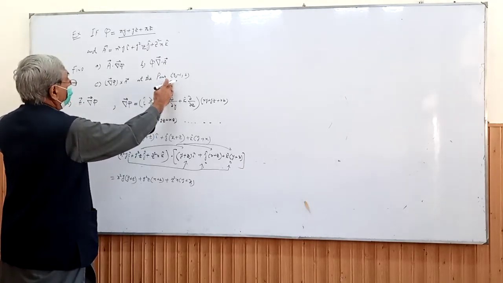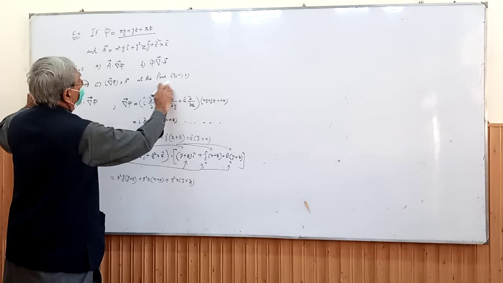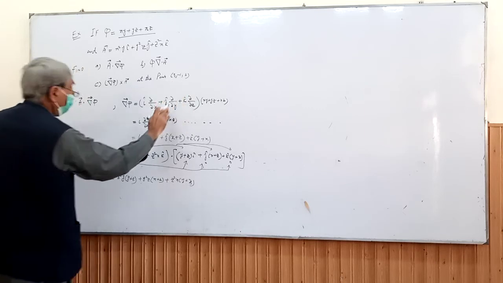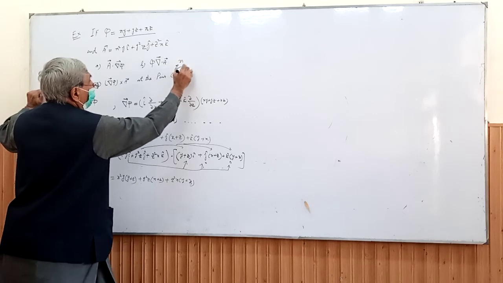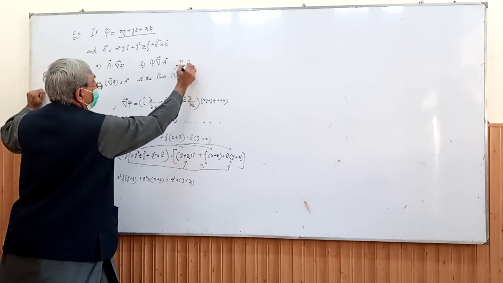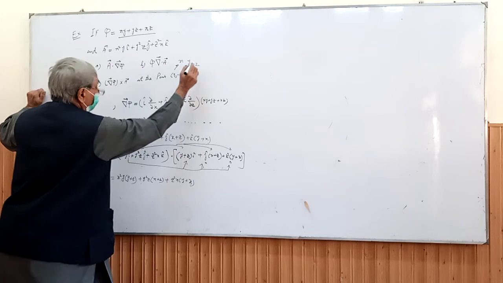He's saying, okay, find all these at this point. It means x is 3, y is minus 1, z is 2.